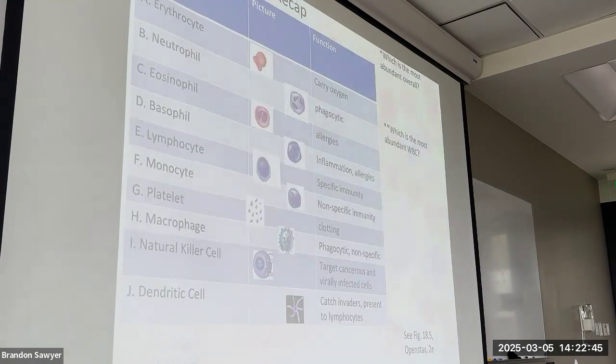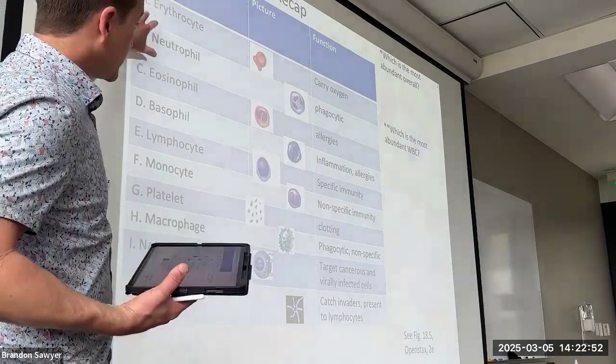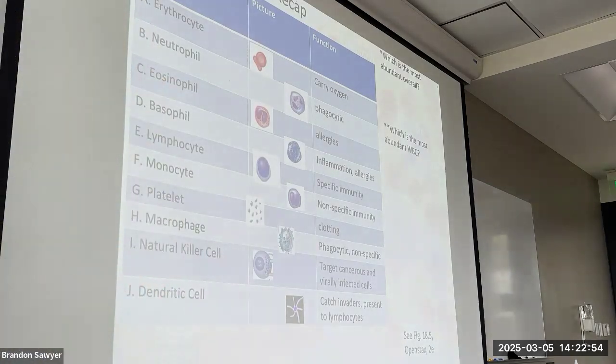Okay, this is just a little recap of all what we just talked about. There's a couple questions for you here. Which would be the most abundant overall? Which would be the most abundant white blood cell? This is just a recap showing you the function of each.